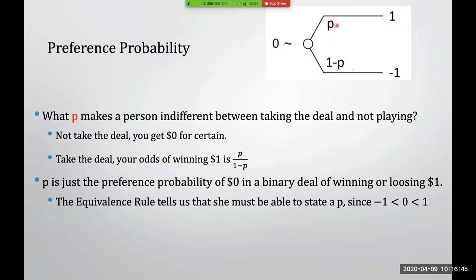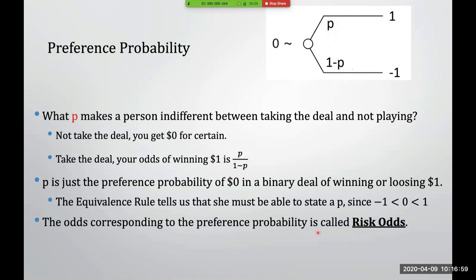So this preference probability leads to an odds, right? If you have a P over here, then you would have an odds that you can calculate based on your preference probability. That odds is referred to as risk odds. Suppose you are a person who has a P of 0.5, then we say that your risk odds in this binary deal is 0.5 over 1 minus 0.5, which is 1.